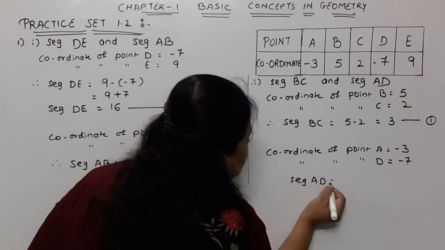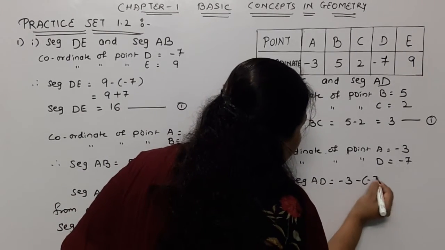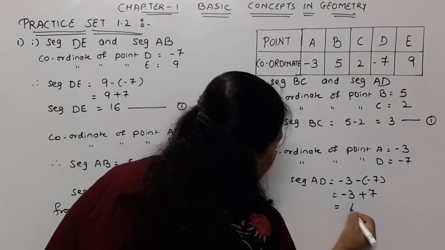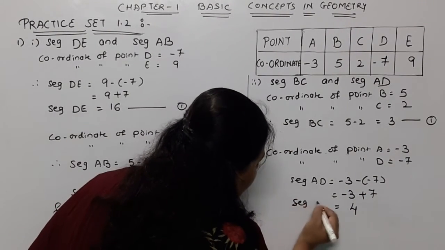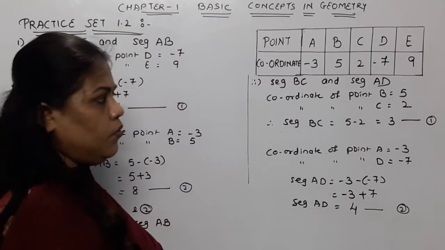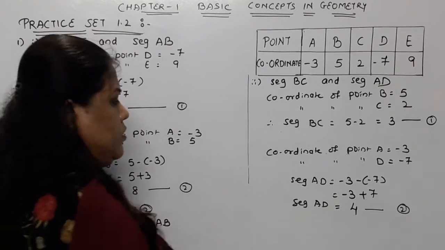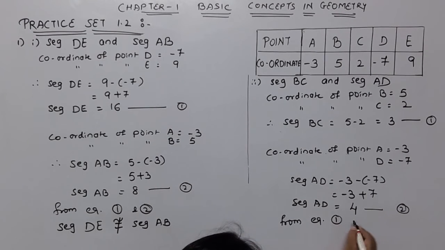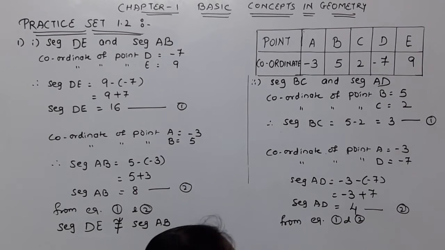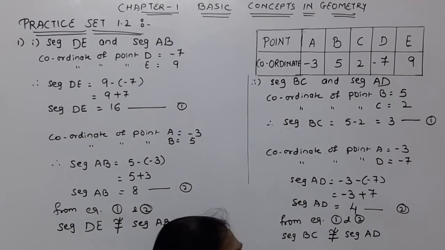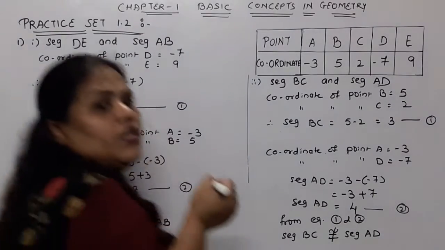Seg AD equals -3 minus of -7 equals -3 plus 7, that is equal to 4. Here also, what can we say? Both the equations are not equal, so segments are not congruent. So write down from equation 1 and 2, seg BC is not congruent to seg AD. Right? This way we have done with our second sum.